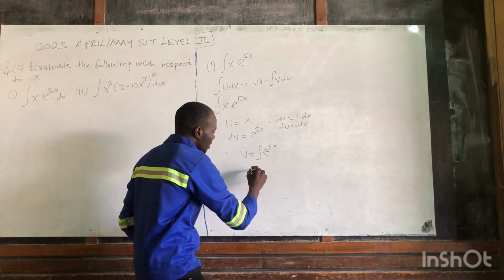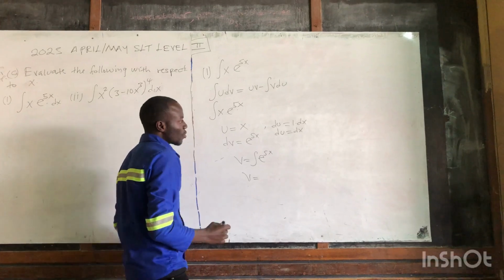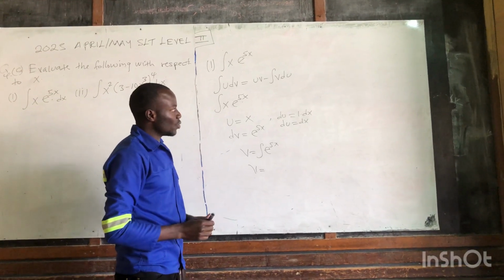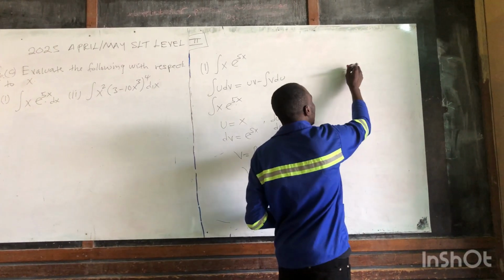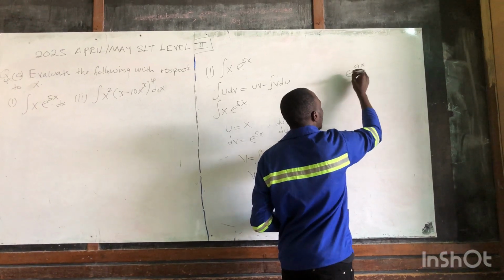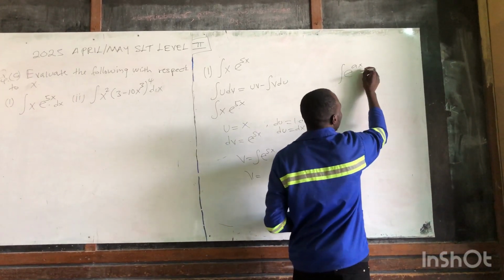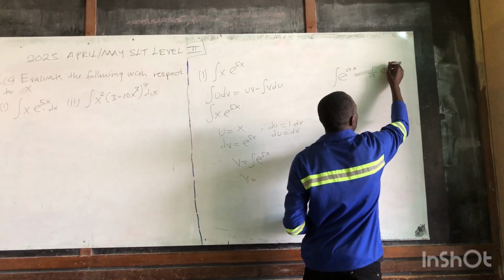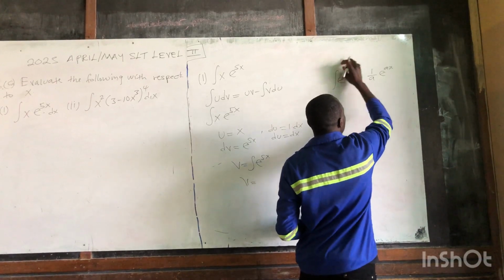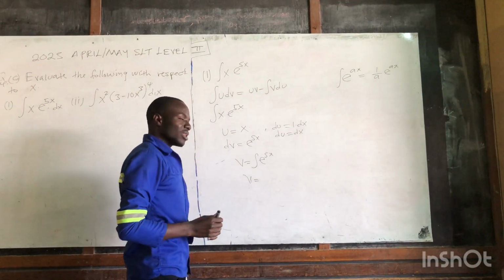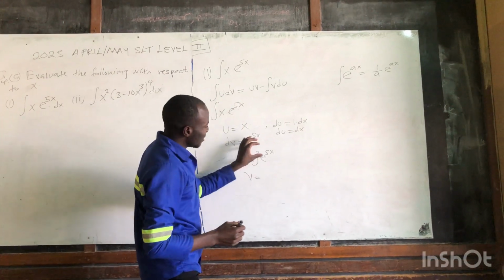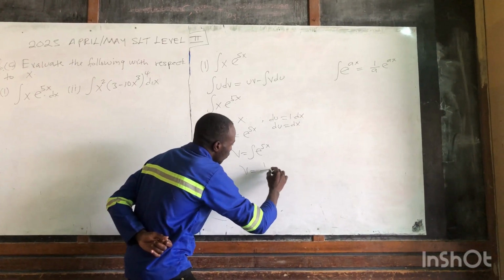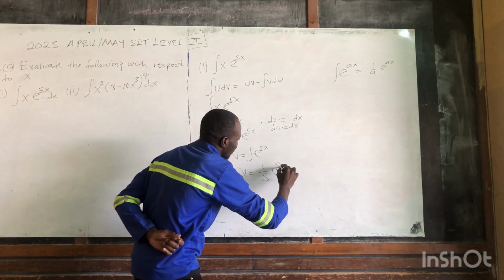We are going to use a common integral: when you have exponential ax, integrating it gives 1 over a times exponential ax, everything else staying the same. Our a in this case is 5. So the integral of exponential 5x is 1 over 5 times exponential 5x.